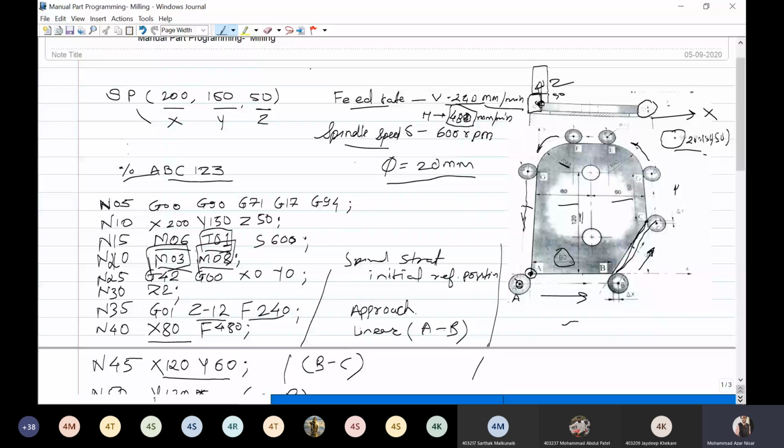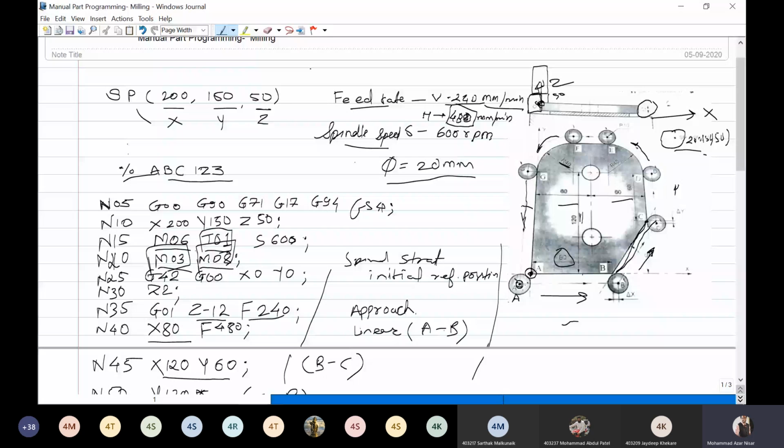If you want to save this program for future, then you can use G54 here. So the homing position will be taken directly for further operation, whether it comes after a week, a month or a year.